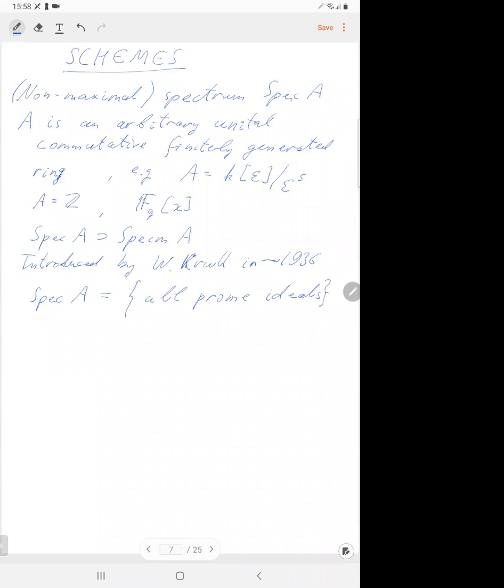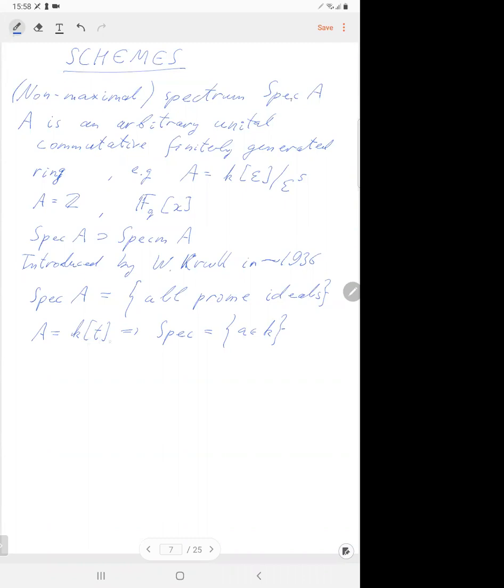So, for example, say A is something like this, then its spectrum will be the set of all points, and these correspond to maximal ideals, right?